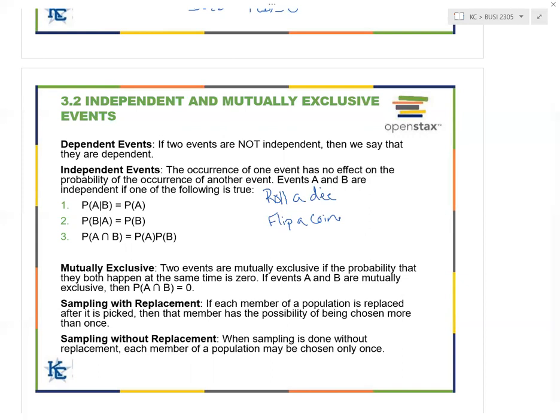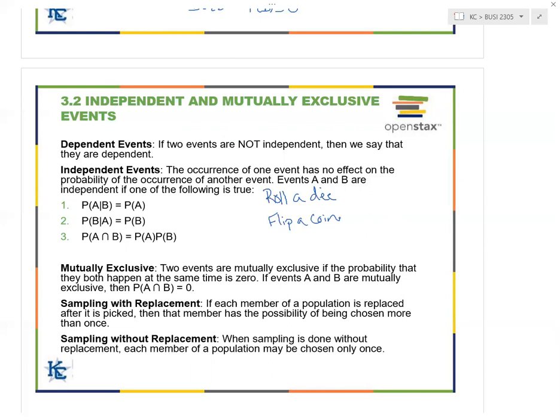A lot of times we're talking about replacement and not replacement when we're talking about dependent versus independent. So for example, if I drew a card from a 52 deck of cards and didn't put it back and then drew another card, then those events would be dependent because the probability of drawing the second card is affected by what I drew the first time around.